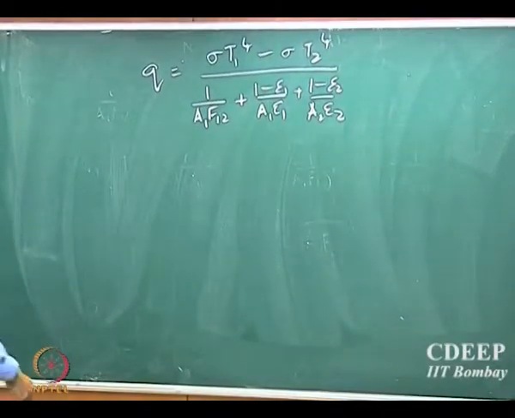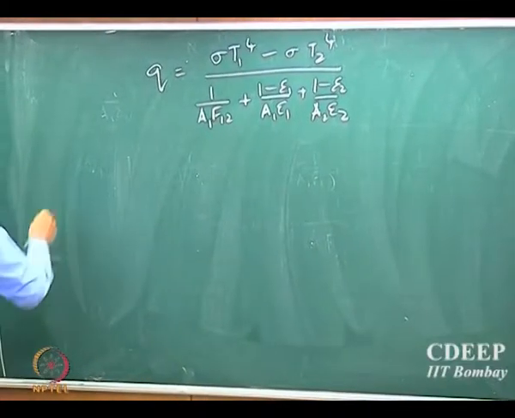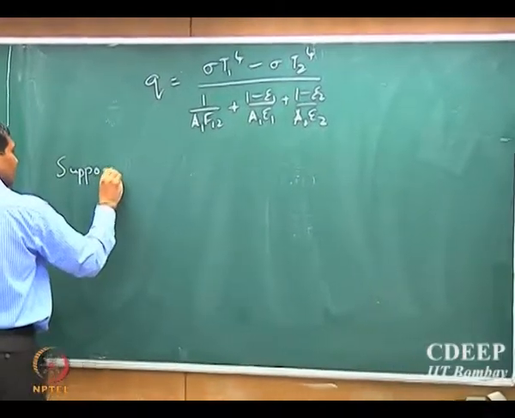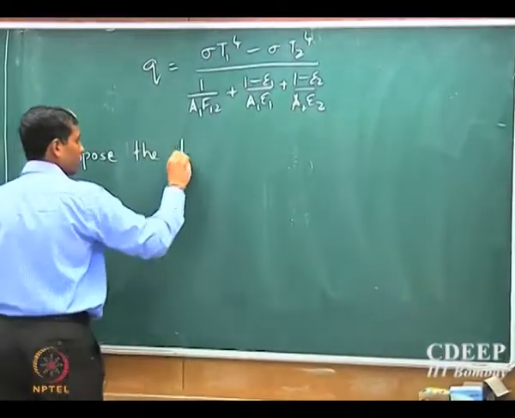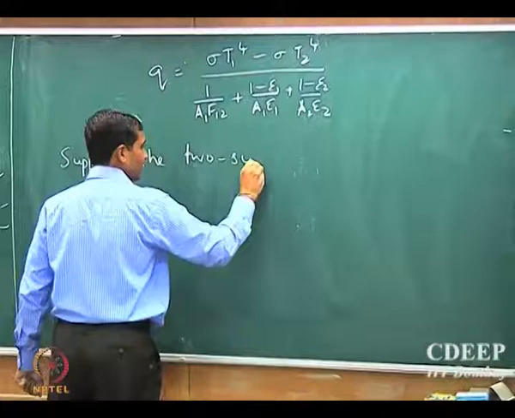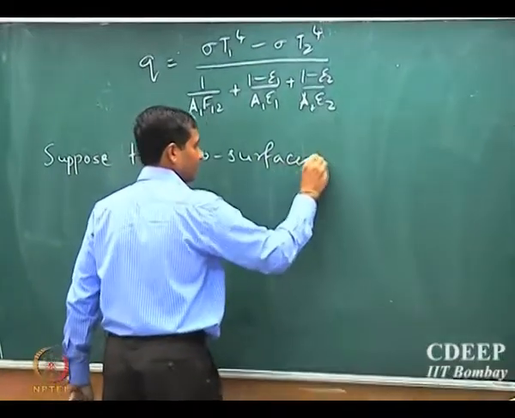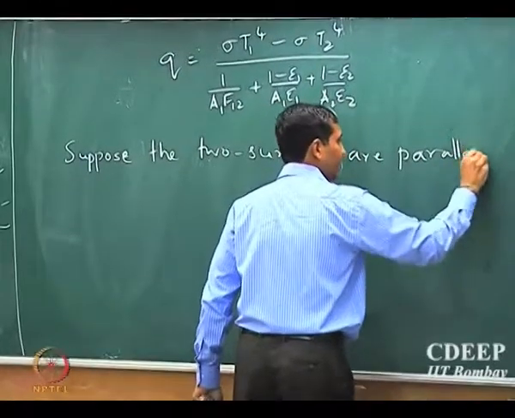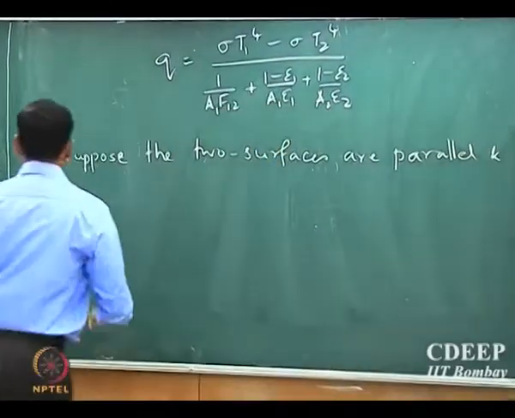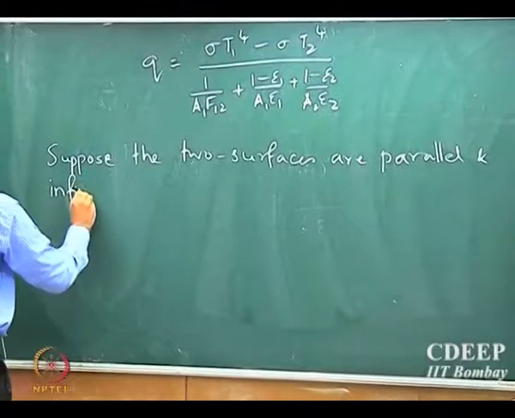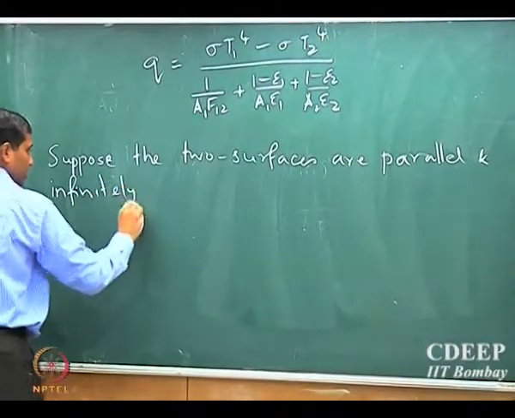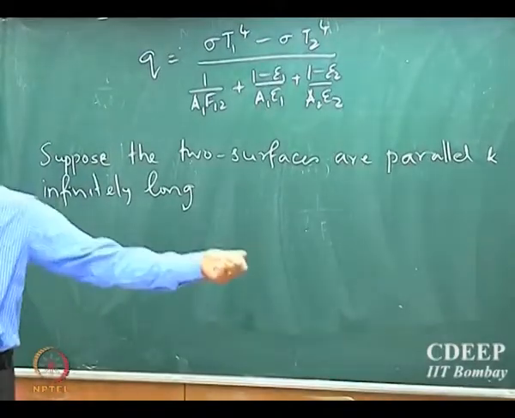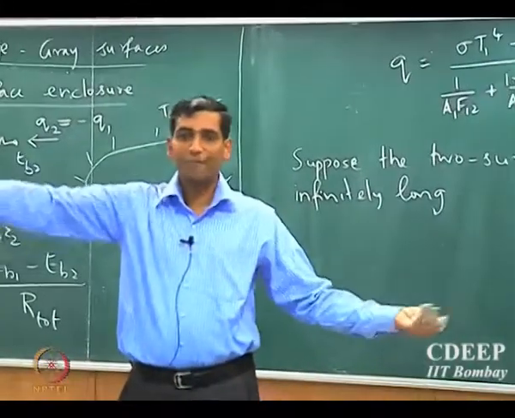Okay. So, let us add a little bit simplification here. Suppose the two surfaces are parallel and infinitely long. Okay. So, if it is parallel and infinitely long, it is essentially a parallel plate.